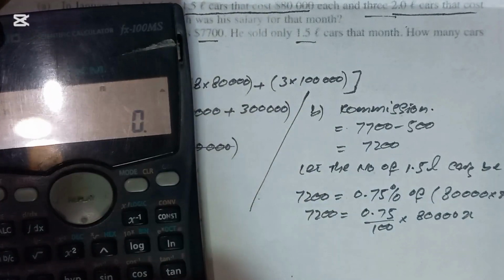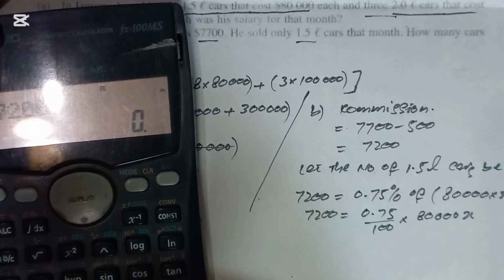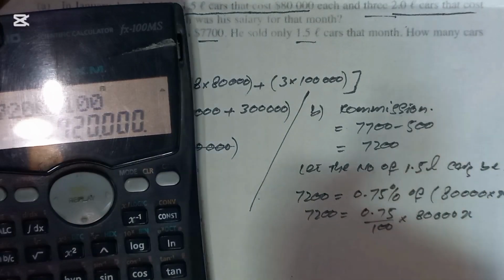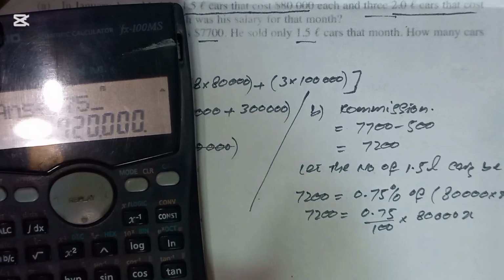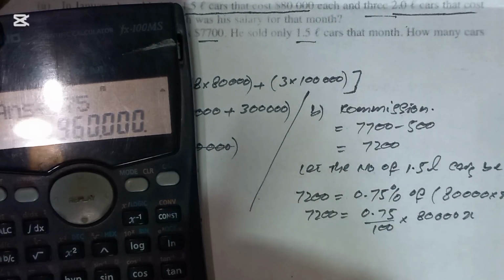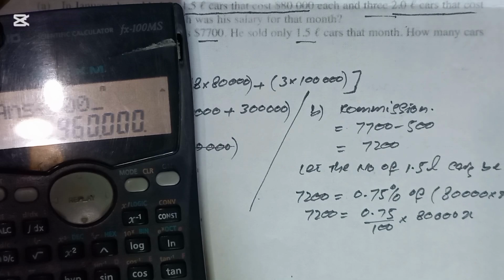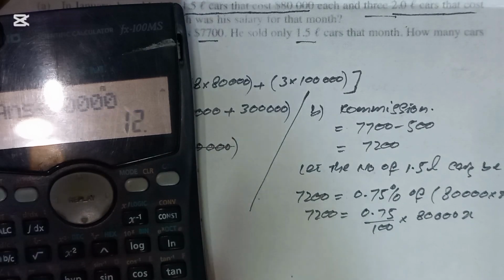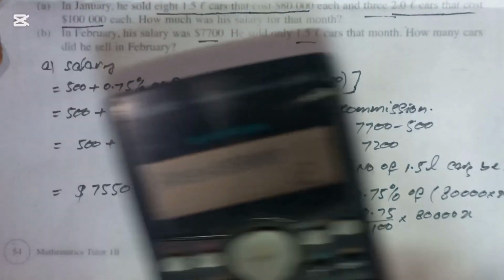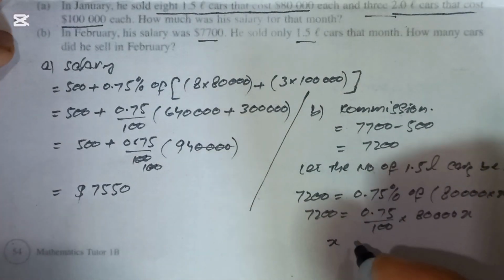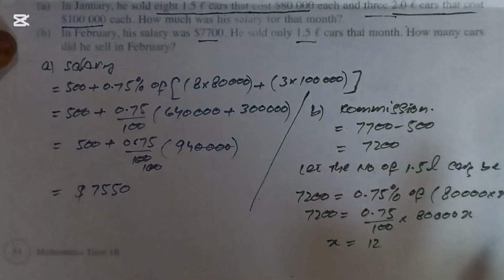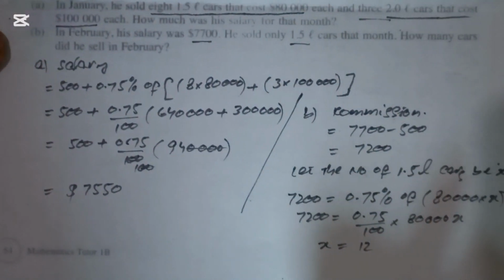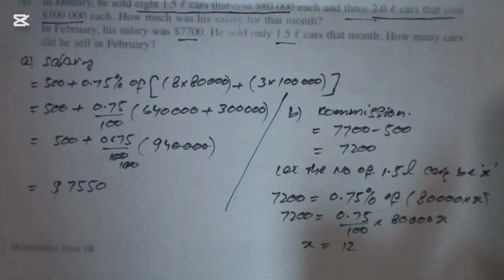That is 7200 multiplied by 100, divided by 0.75 and divided by 80,000. So X is 12. So this is the number of the 1.5 L cars he sold in the B part.